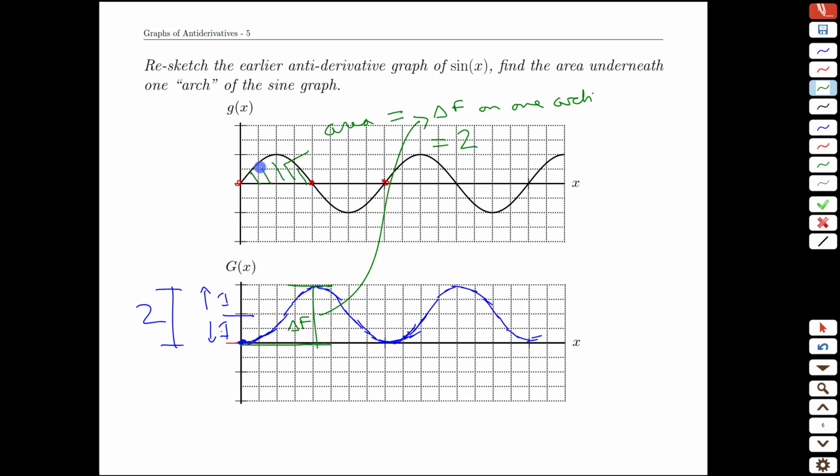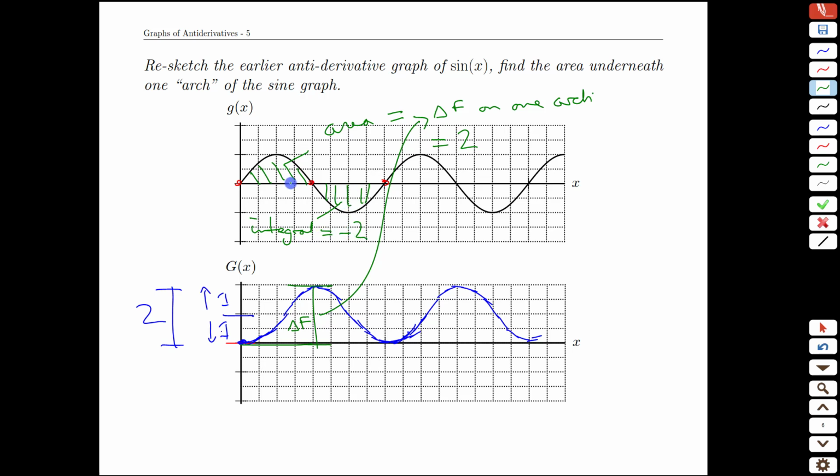So, as a surprise event, under the sine graph, which is a pretty complicated function, under one arch, we are going to get exactly the area 2, and then we could actually compute it on the next interval. The area, more the integral value, on the next arch would be equal to -2.